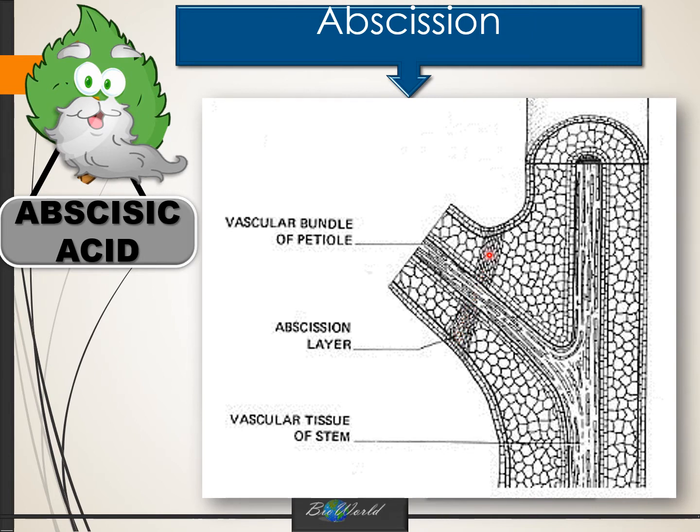Once they shrink, the abscission layer here becomes loose. And this will enable this part, the petiole that is connected to the leaf, flower or fruit, to fall off easily. Let me share a video to show you.